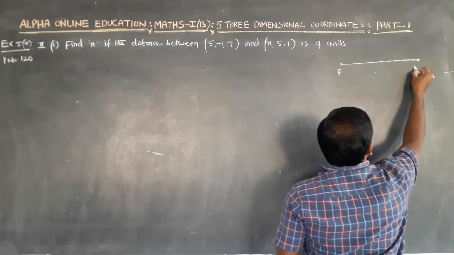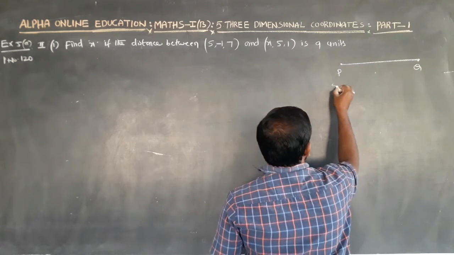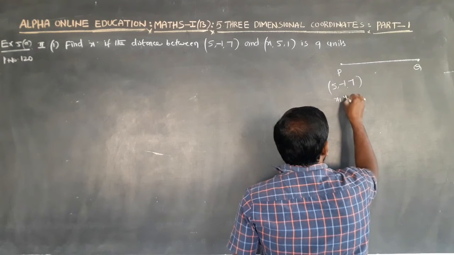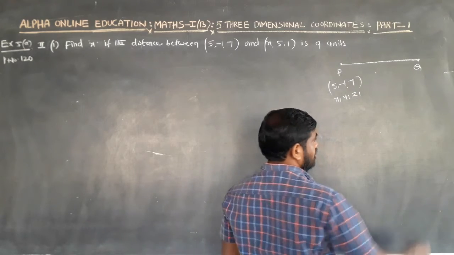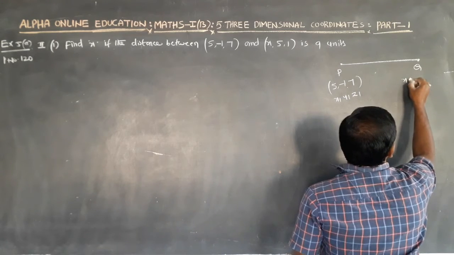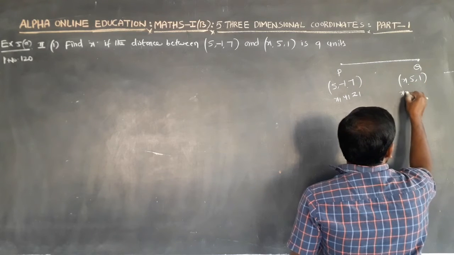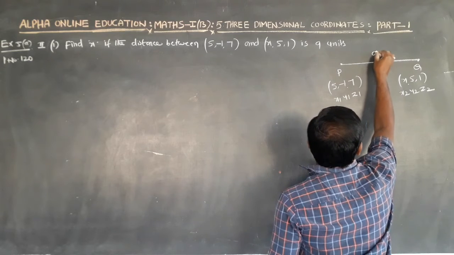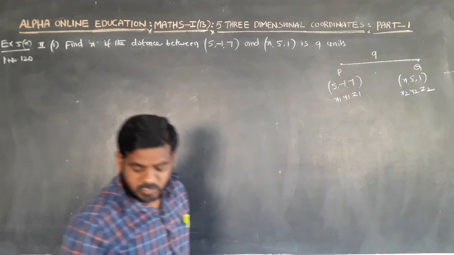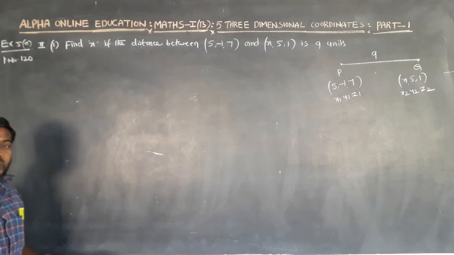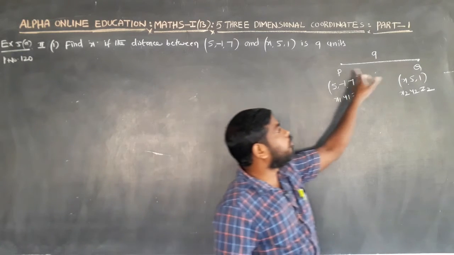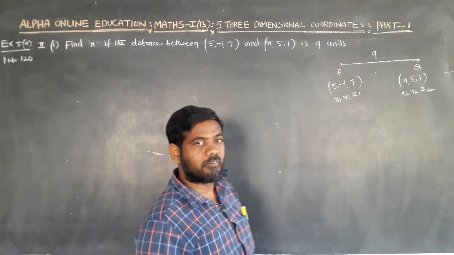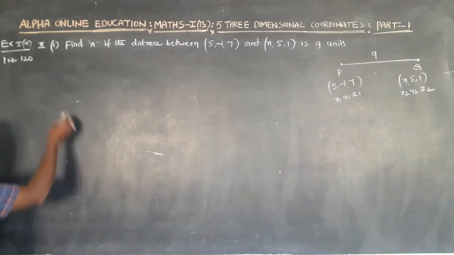This is the P point (5, −1, 7), let it be (x1, y1, z1), and this is the Q point (x, 5, 1), let it be (x2, y2, z2). The distance between the 2 points is 9 units. Find the distance between the 2 points, equate it to 9 and simplify, then find the value of x.